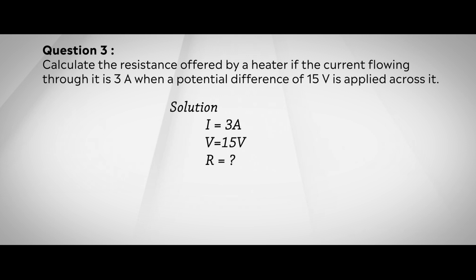From the mathematical representation of Ohm's law, we know that V is equal to IR. Therefore, R is equal to voltage divided by current. So R is equal to 15 by 3, that is 5 ohms. With this, we are done with solving some simple problems related to Ohm's law.